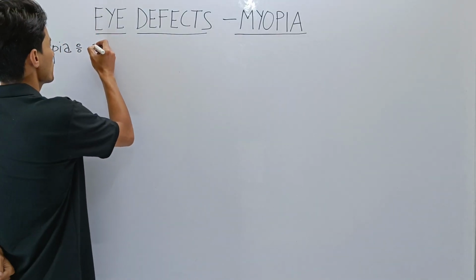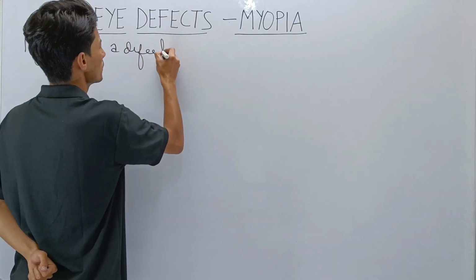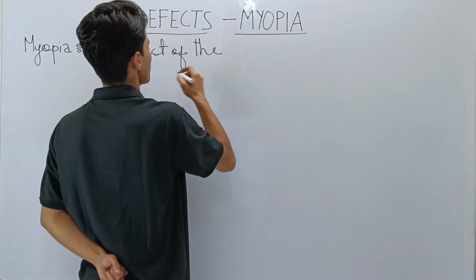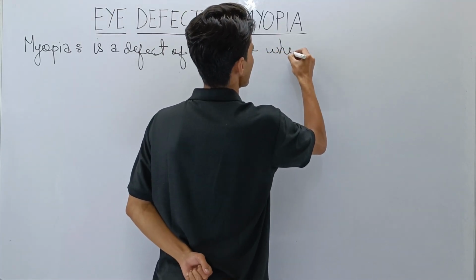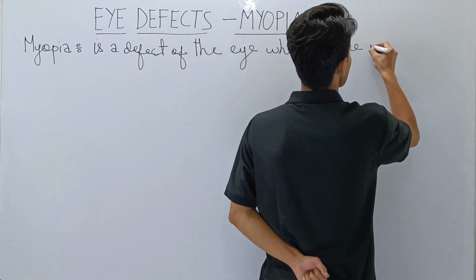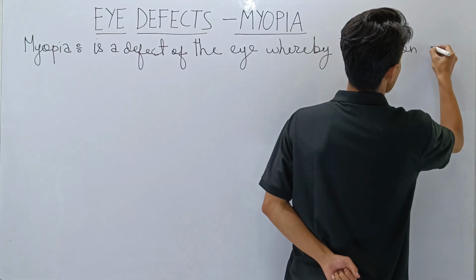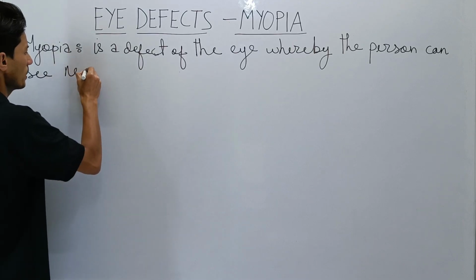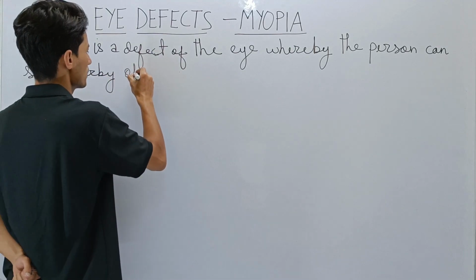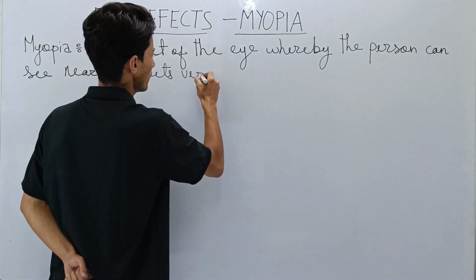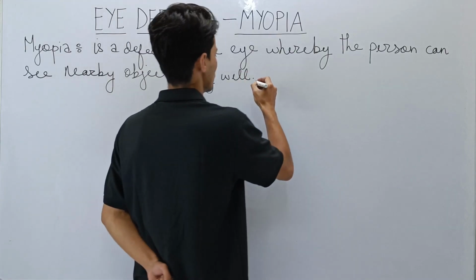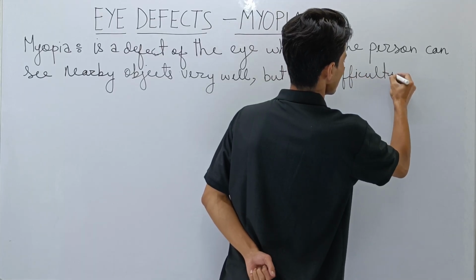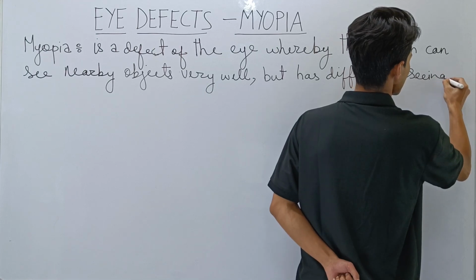Let's write the definition. So myopia is a defect, D-E-F-E-C-T, is a defect of the eye whereby the person can see nearby objects very well, but has difficulty seeing.